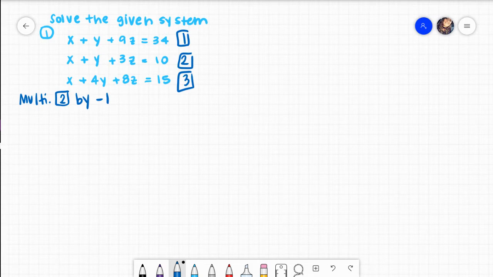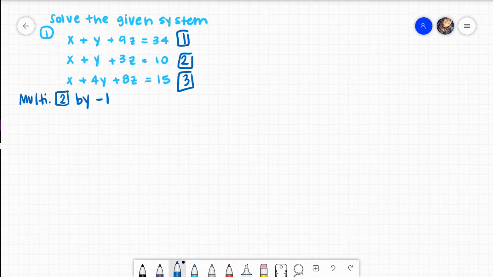Whenever I do that, that leading coefficient, that x, is going to become a negative x. So if I combine it, using that addition method that we learned previously, with equation 1, wouldn't that cancel my x's? So I'm going to be able to solve for a variable. Also, look, I noticed that this is what I'm looking at, y'all. That's what I see that's similar. That's how I know I can work within it.